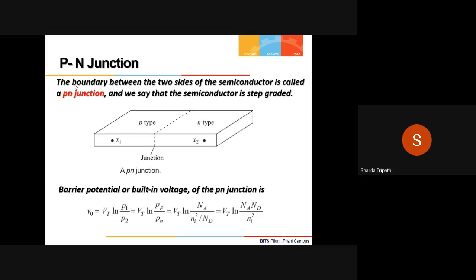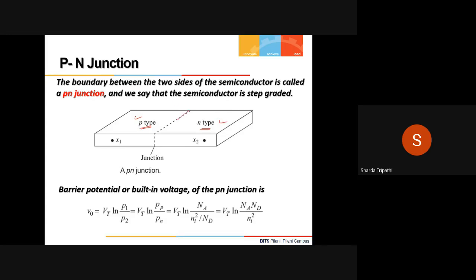So this is the concept of the PN junction. Say we take a P type semiconductor and an N type semiconductor, and out of that we create a semiconductor slab, such that one side is the P type semiconductor and the other side is the N type semiconductor.